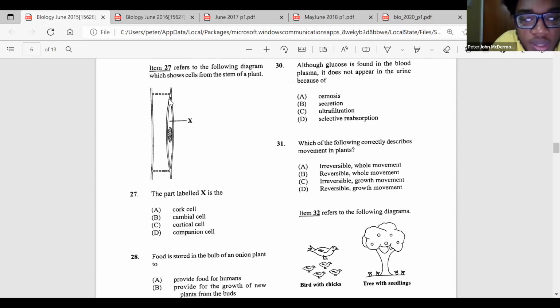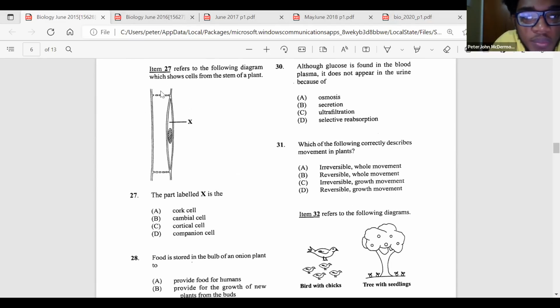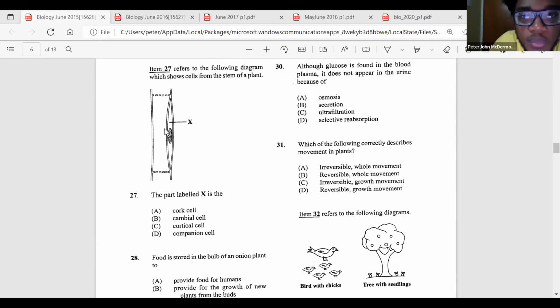So 27, part label X is what? What's this called again? Oh yeah, D. You guys have to know this for CSEC. What are we looking at here? Phloem. What's this called? The seam. Yeah, perfect. What's this in the phloem?